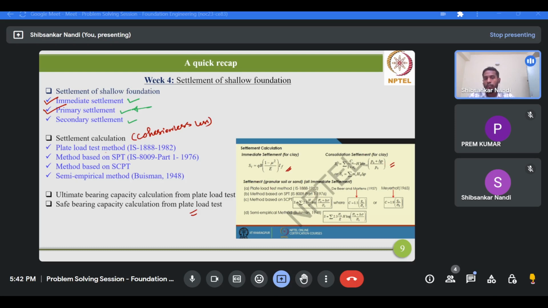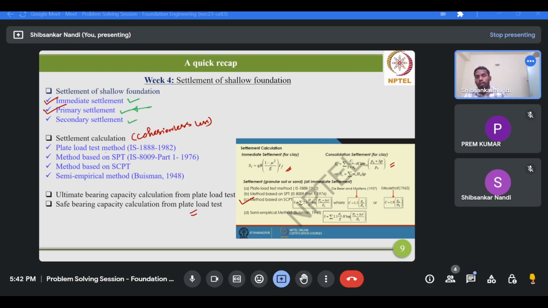Now coming to settlement of cohesionless soil, that is immediate settlement, you can go for any of these methods as I listed here, and these are some expressions concerning the method based on SCPT. We'll see how to utilize this method to calculate the immediate settlement for granular soil or sand.